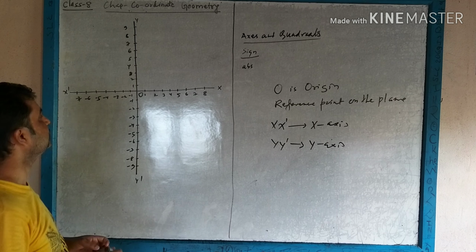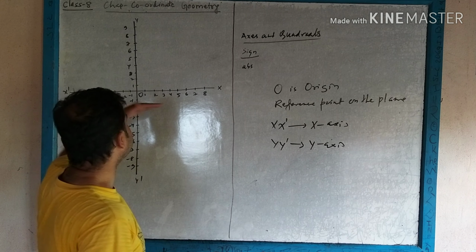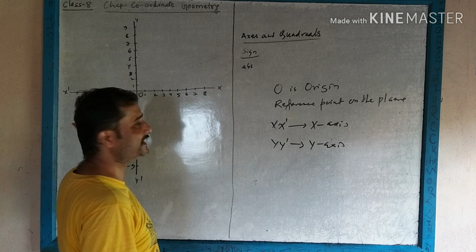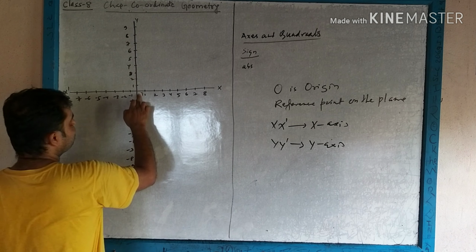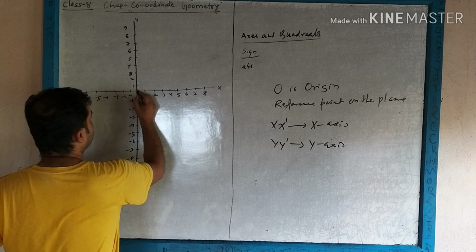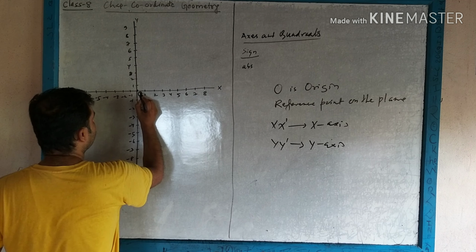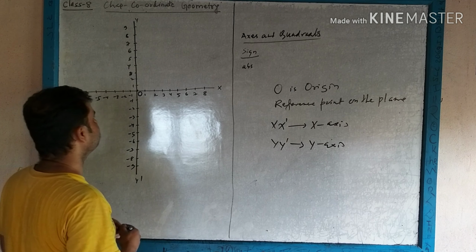Okay. These are the scales on the horizontal line, that is x-axis, and y-axis. Here is the origin point O. O is the origin.